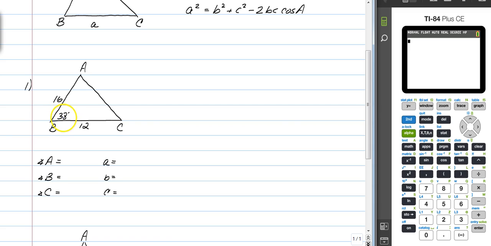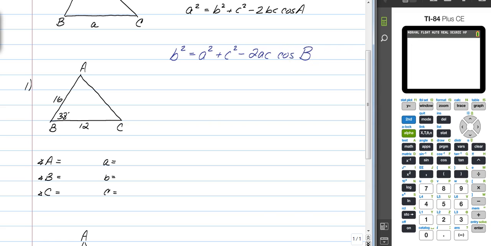So since I have angle B given, the first thing we're going to do is find b. I just want to show you how we manipulate the formula. When we're looking for b, we just switch the a and the b. So this now becomes b squared is equal to a squared plus c squared minus 2ac cosine of big B. That's it.